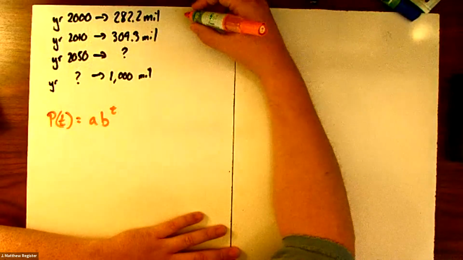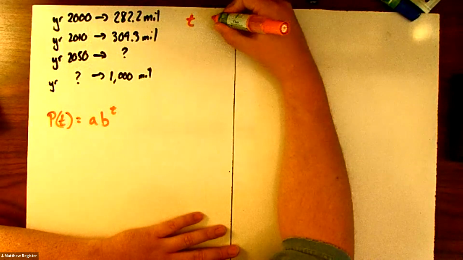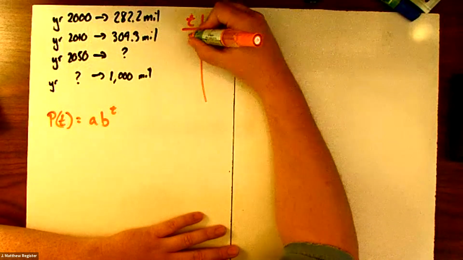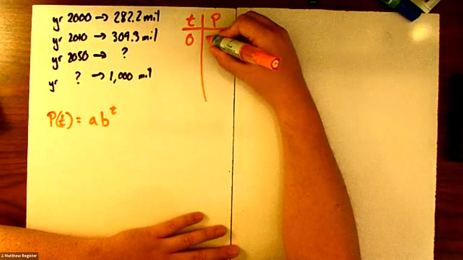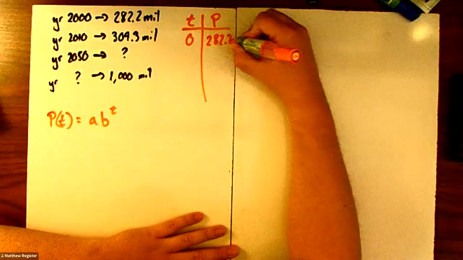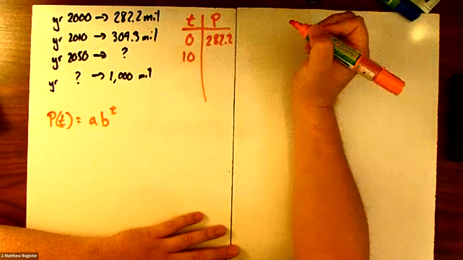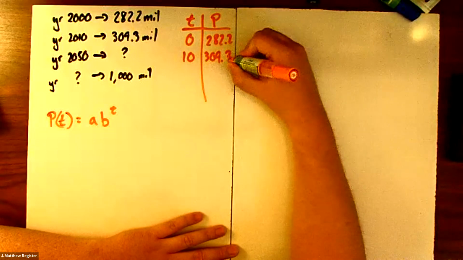We'll have our time, t, and our population, P. At time t equals 0, our population is 282.2. At time t equals 10, our population is 309.3.